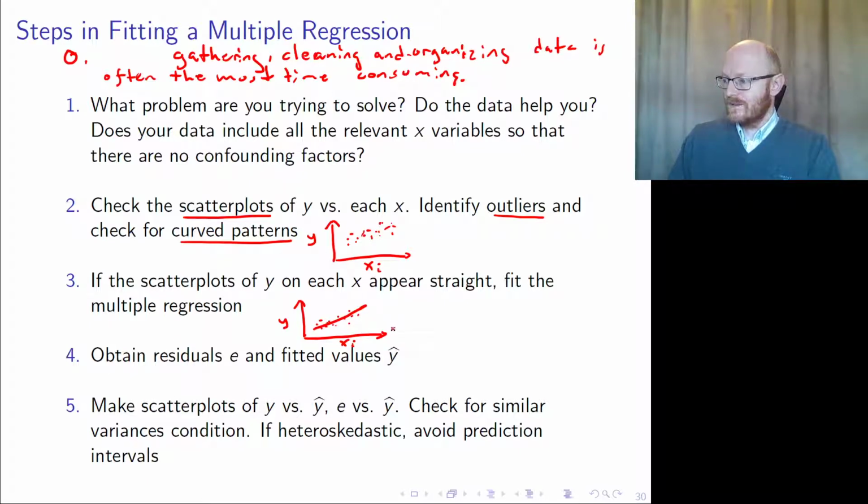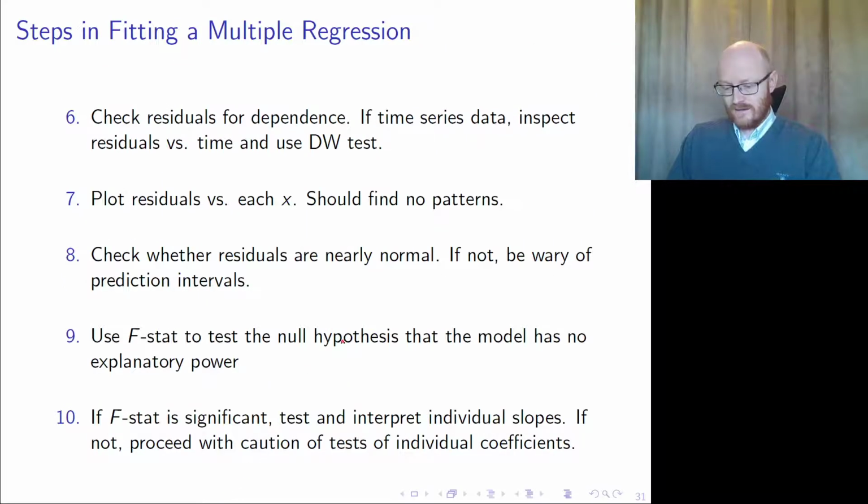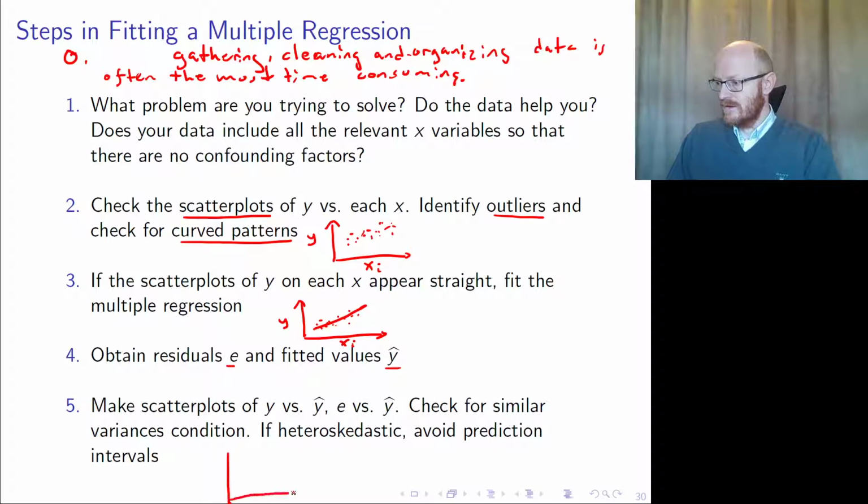But what you can do is obtain the residuals and the fitted values, and then you can make scatter plots of y versus y hat and E versus y hat.